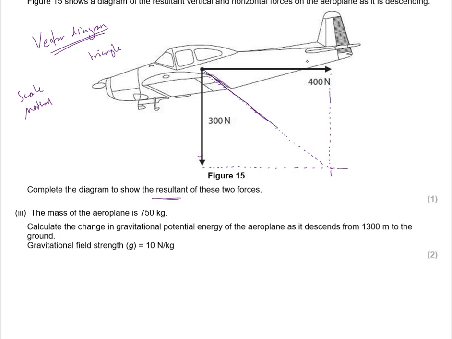Okay, now I don't have a ruler because I'm doing this on the computer, so you guys should be using a ruler. So this is my direction. Here is my resultant. It's going to move in this direction, because look at the plane. The plane is being pulled this way, and it's being pulled this way.